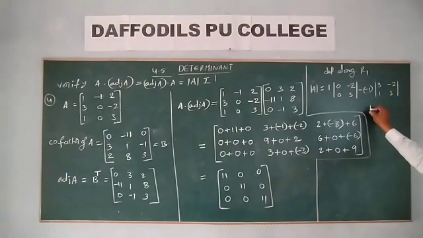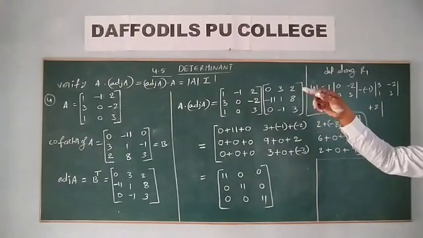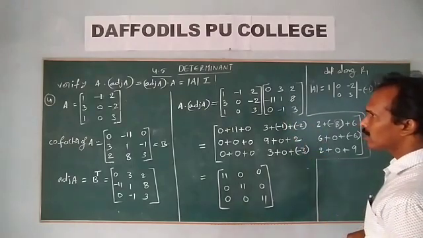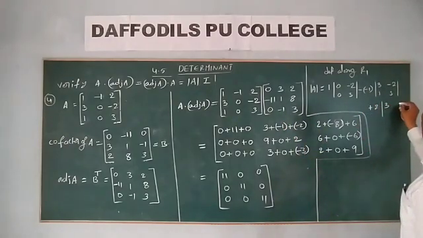Next, plus 2, deleting the first row and third column. The remaining elements are 3 0 1 0.